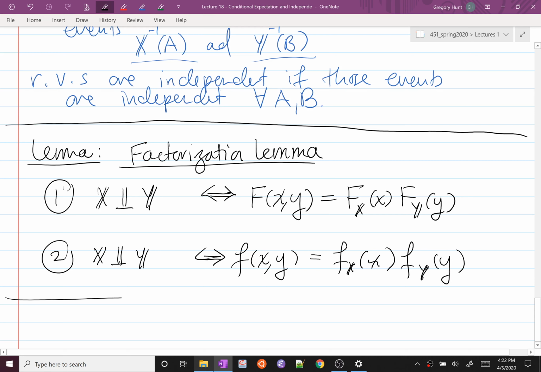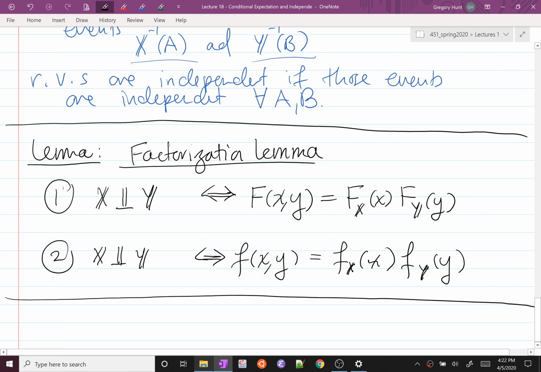So the factorization theorem says I don't have to check this very complicated thing for all possible events. All I got to do is find my joint CDF and my marginal CDFs, or my joint PMF or PDF and my marginal PMFs or PDFs. And if the joint is just the product of the marginals, then we have independence. So it's a very useful theorem, and practically is often the easiest way to establish independence.